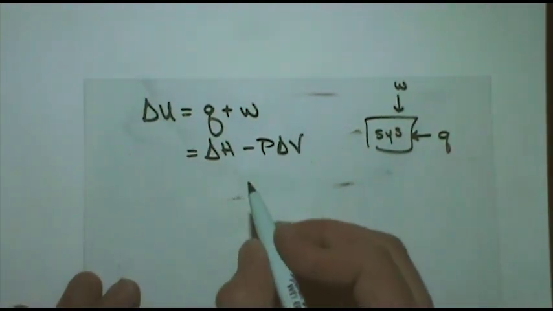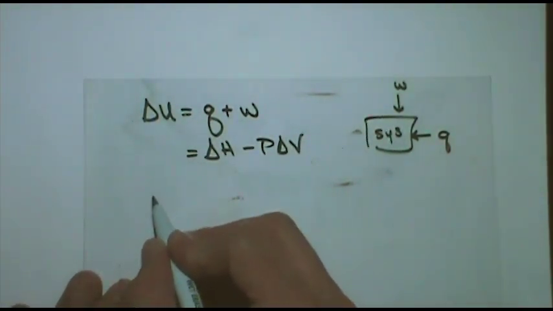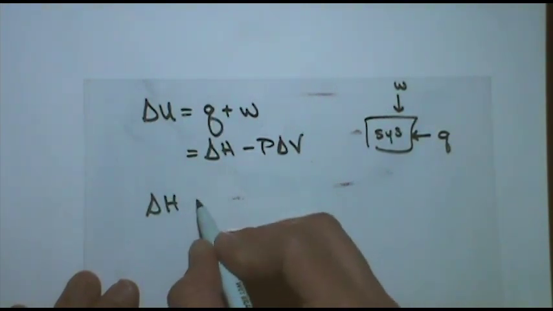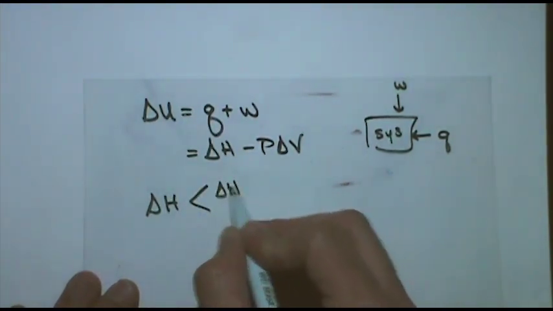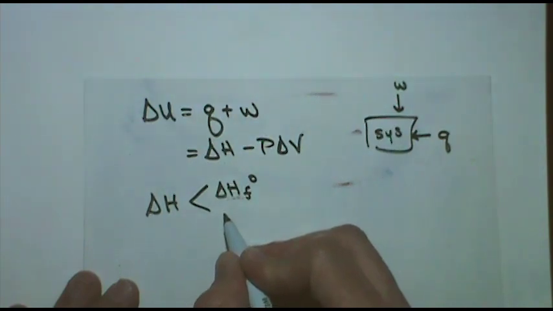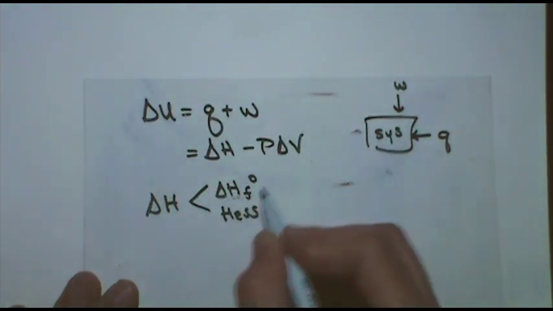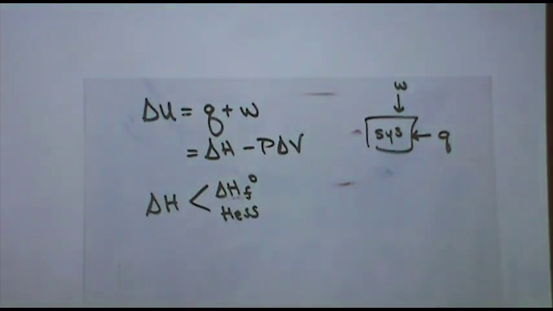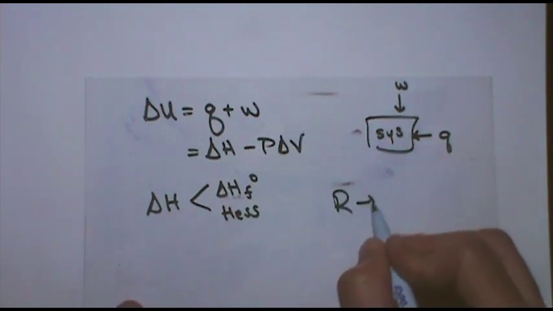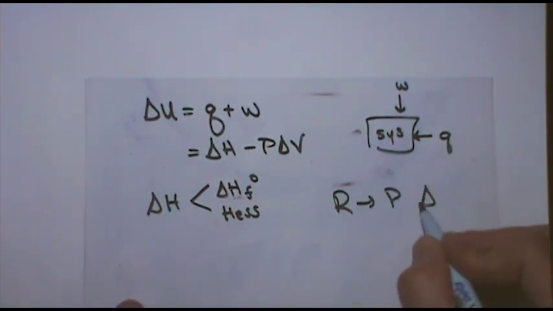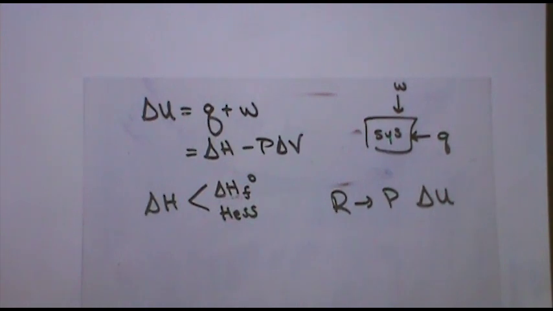A couple other problems like this. You'll notice, and we'll get to this in a second, there are several ways to find delta H. Two of them that you mentioned are Hess's law and delta H of formation. You'll notice for any given reaction, really, we should be finding delta U, the internal energy, the overall energy.